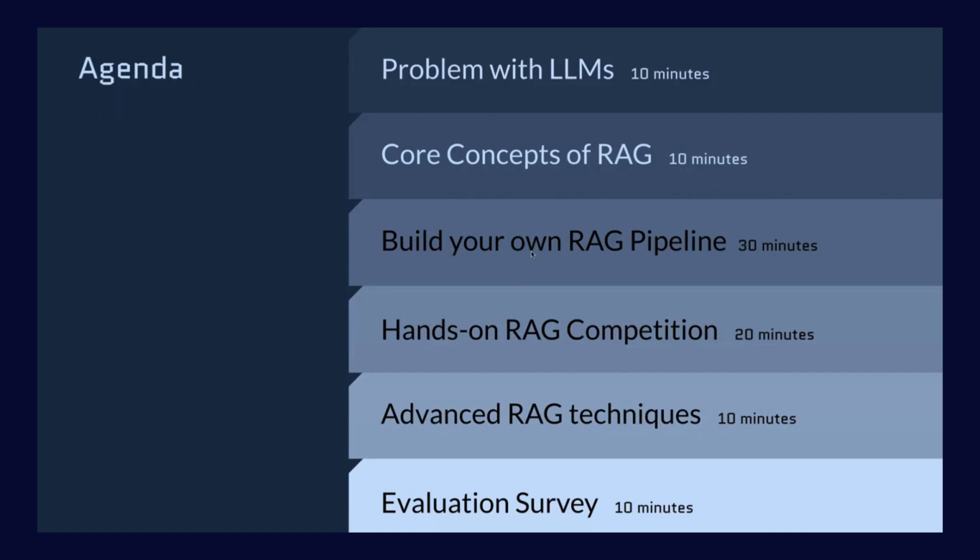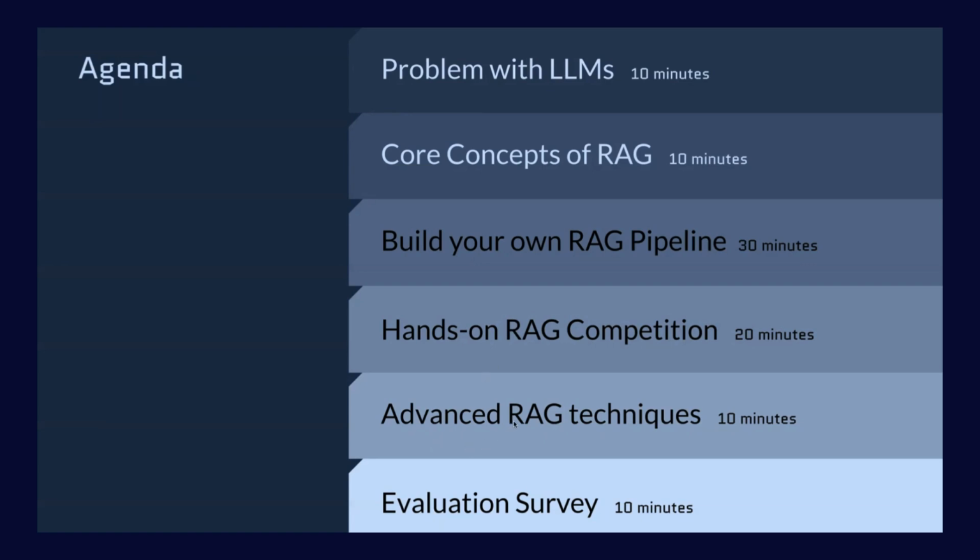And then I had you guys download a Jupyter notebook that was sent out yesterday in your email. We're gonna go through step by step how to build a RAG system, just the basics. And then I'm gonna have a hands-on RAG competition to see who can build the best RAG system. I have some template code that you guys can play with.